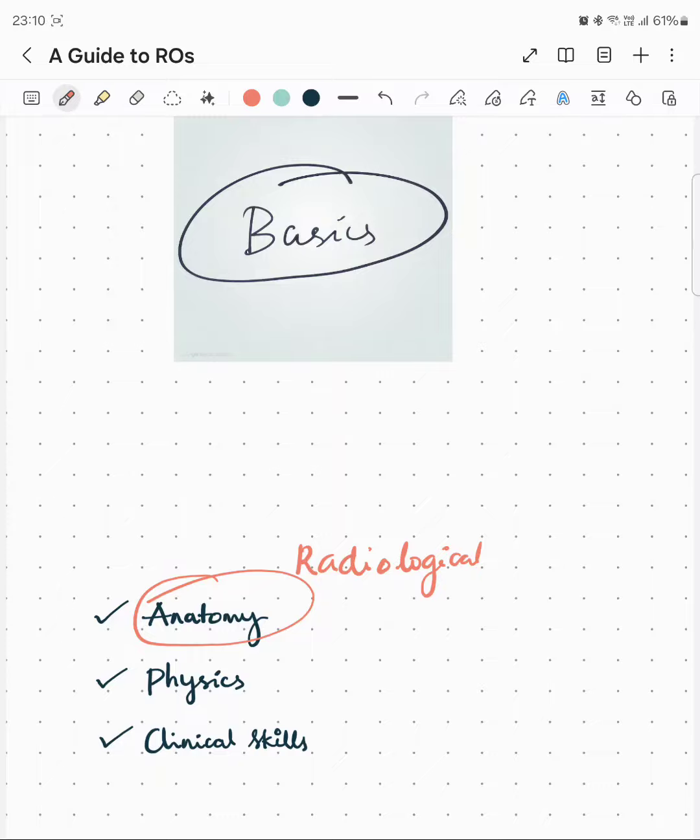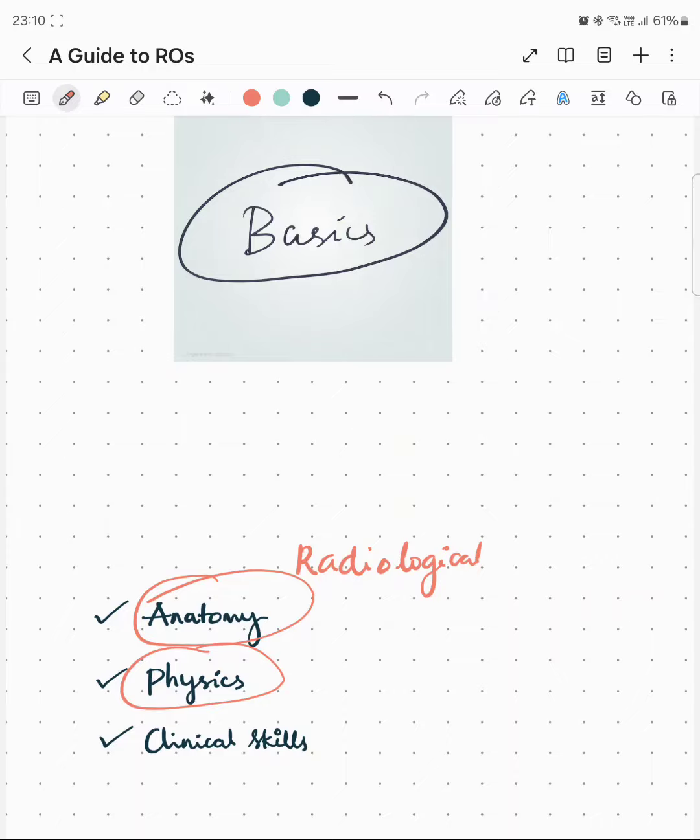So your radiological anatomy has to be strong in radiation oncology. And basic physics like electromagnetic radiation, the parts of the atom, protons, neutrons, and electrons, just the basic stuff. It's better that you know it beforehand, and later you can build up the rest of the medical physics based on those basics.